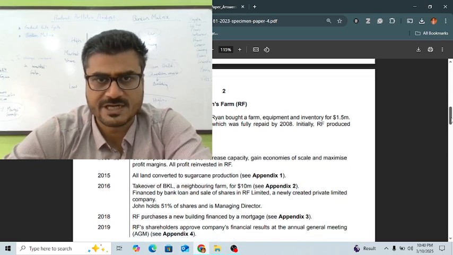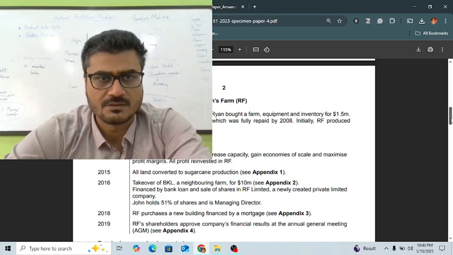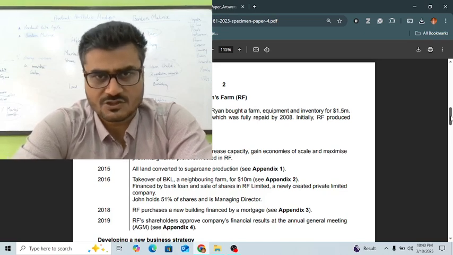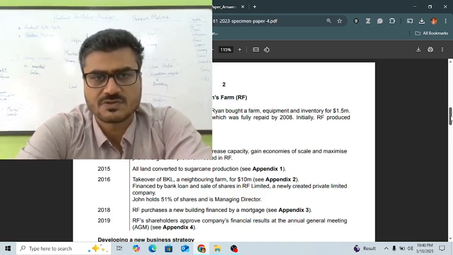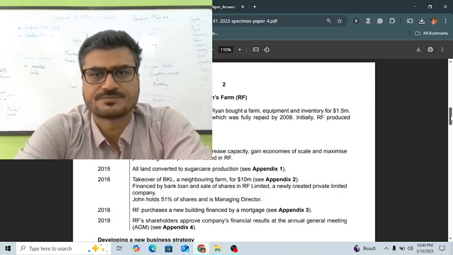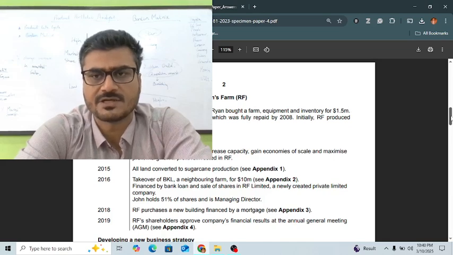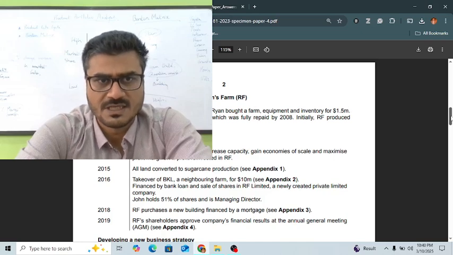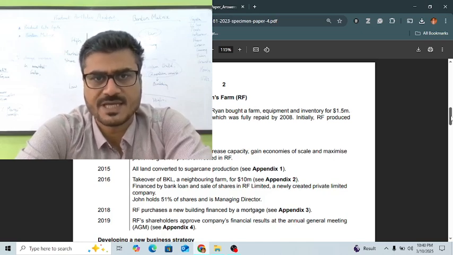So it's about Ryan's Farm. RF is a short form of Ryan's Farm, which was set up in Australia in 2001 when John Ryan bought a farm, equipment and inventory for $1.5 million. He financed the purchase with a bank loan which was fully repaid by 2008.